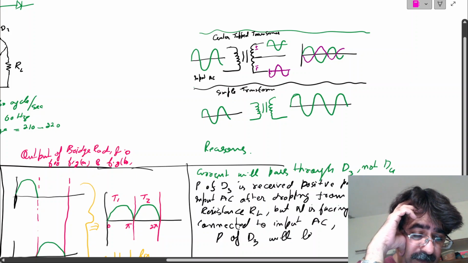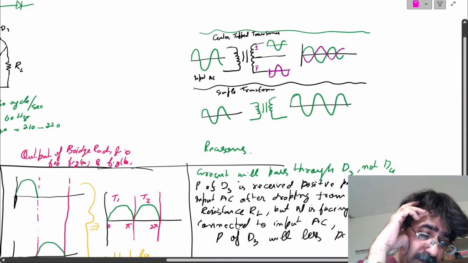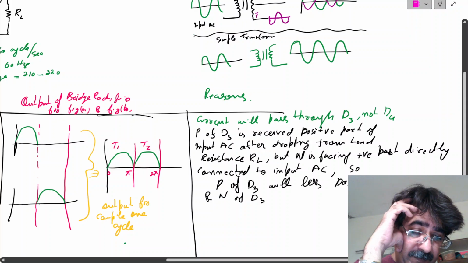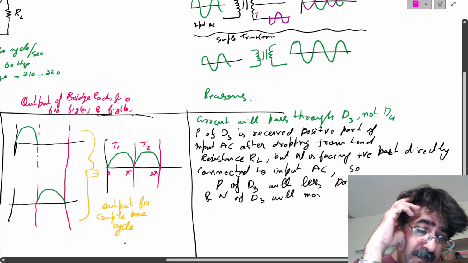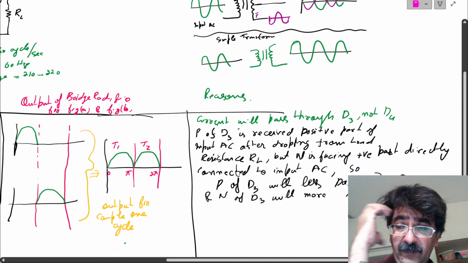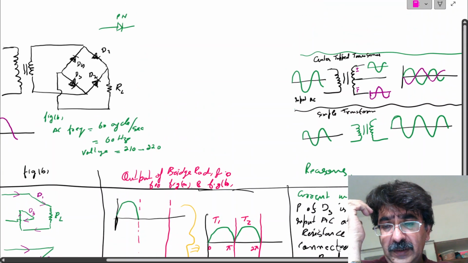So the P of D3 will be less positive because it is receiving the signal which is dropped after passing through the load resistance, but the N part of D3 will be more positive because it is receiving the signal directly from the input wave.